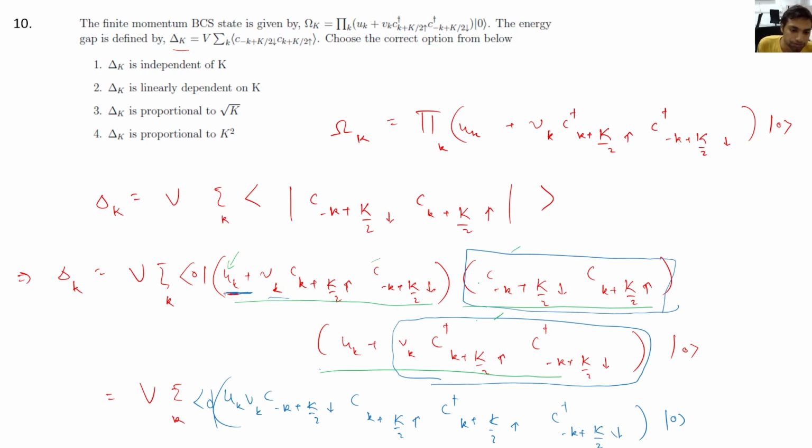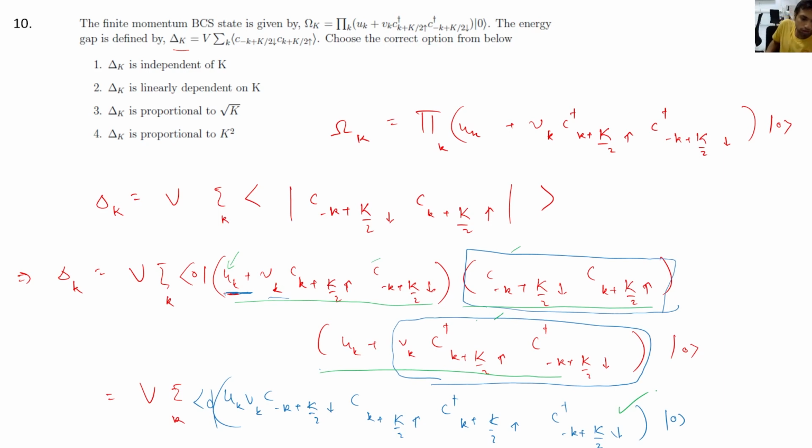After passing through these many terms, when it operates with this annihilation operator, it will annihilate this zero state, and you will get zero. What would happen if we had taken this? Then u_k and u_k into zero ket, when operated with here, will again get annihilated. So the only term you get is this.